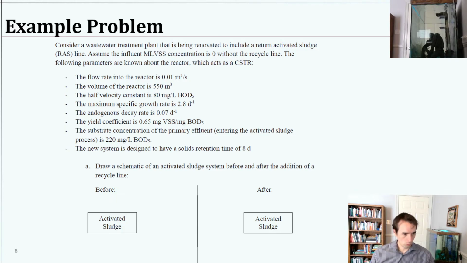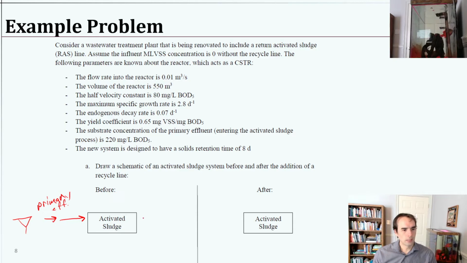Okay, so when we consider an activated sludge system with no recycle, and this is within the context of some sort of wastewater treatment, then we probably have some sort of primary effluent. What's leaving the primary effluent is entering here. You know, this might be a clarifier or whatever.